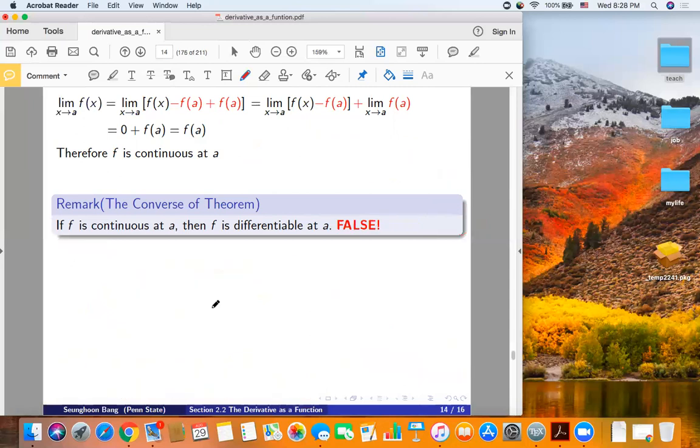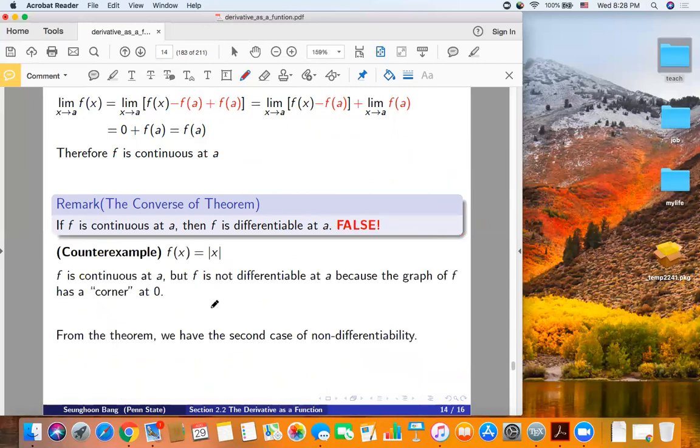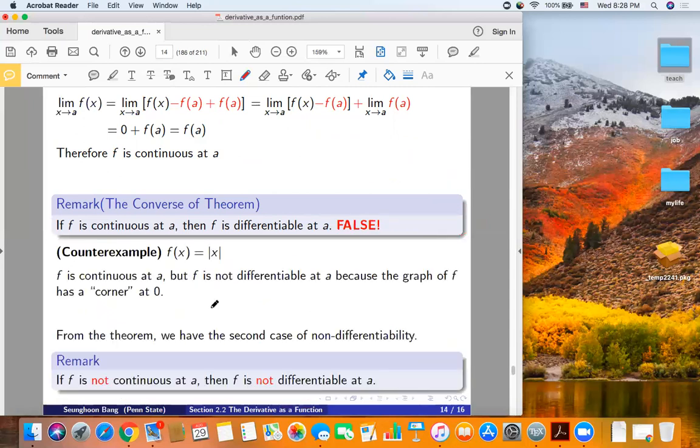I can explain that later here. This is the second one, like this. So was it like the three kinds of discontinuities? We have removable discontinuity. We have jump discontinuity. We have infinite discontinuity.